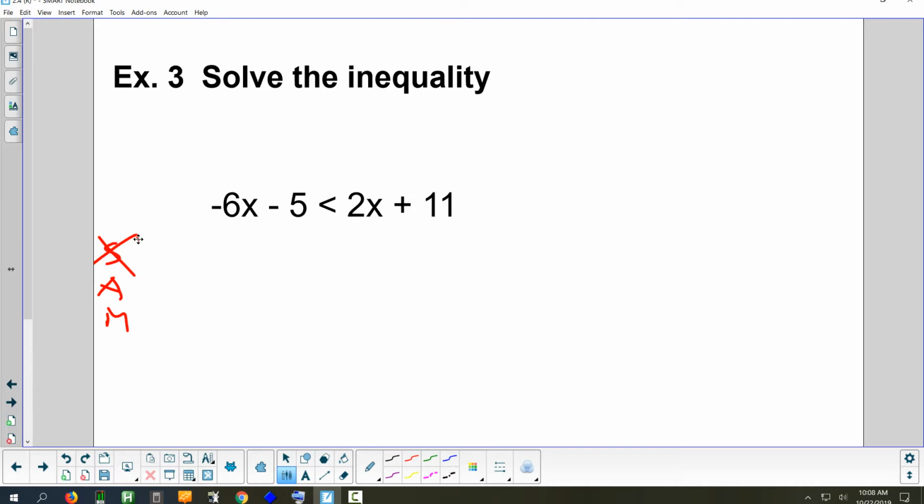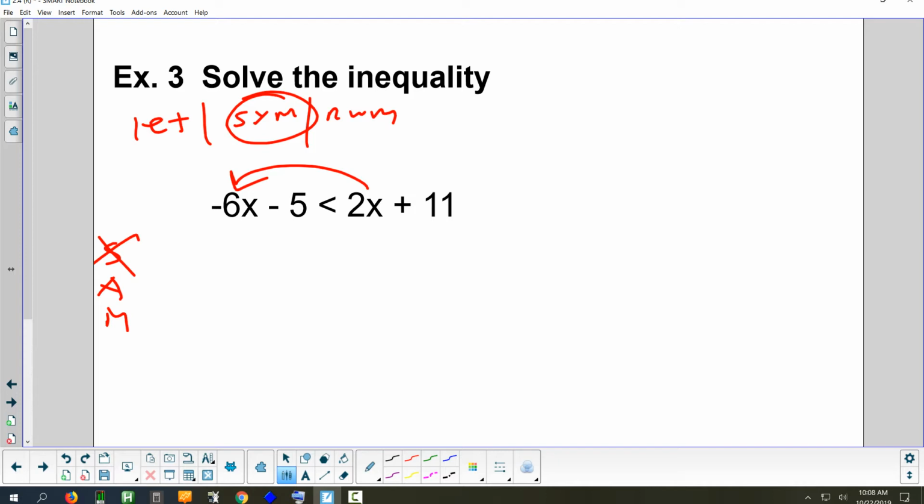I do agree with Olivia. I think the left is better. It has to do with when we get to the end of the problem. We want to get letter, symbol, number, because then the symbol tells you which way to shade. If you don't want to do it that way, you're not wrong. I just don't like it as much, but you can do it other ways. So, let's put this on that side.